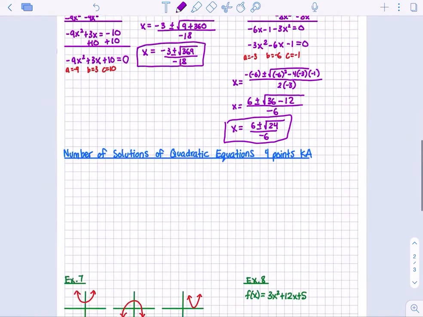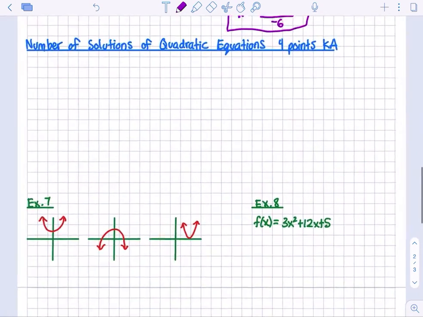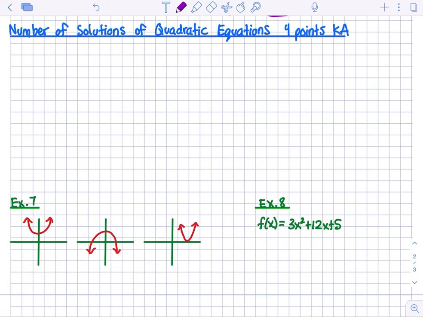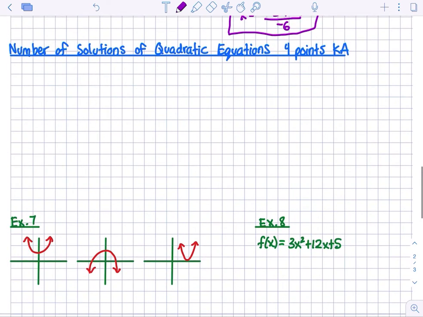Okay, now we're going to our last section, which is number of solutions of quadratic equations. I'm going to write down our standard form equation again, and I'm going to write down our quadratic formula again.